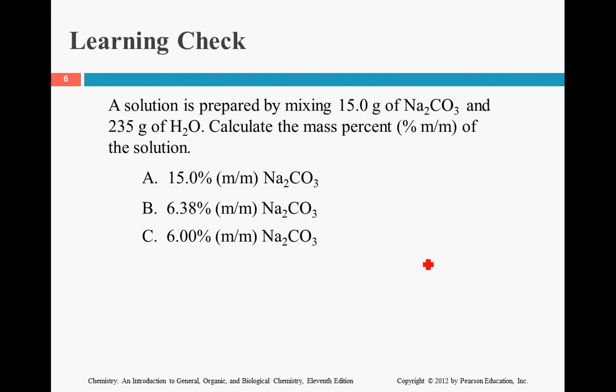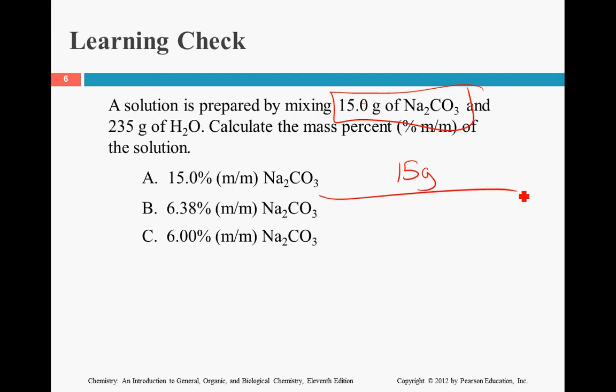A solution is prepared by mixing 15 grams of sodium carbonate and 235 grams of water. What is the mass percent? So the top number is going to be the solute. If we have to pick between these two numbers, which one's the solute, you're going to pick the smaller of the two. So the 15 grams is going to be on top.